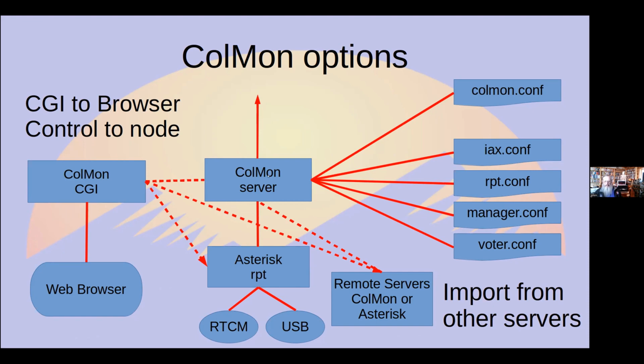The other thing about CallMon that's nice is that, in addition to talking to an Asterisk node on the local box, it could also talk to remote Asterisk instances. So you can use one instance to actually run several individual nodes, or it will talk to other CallMon instances and basically import all of the data from there.